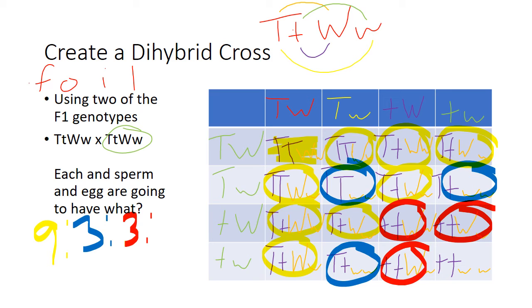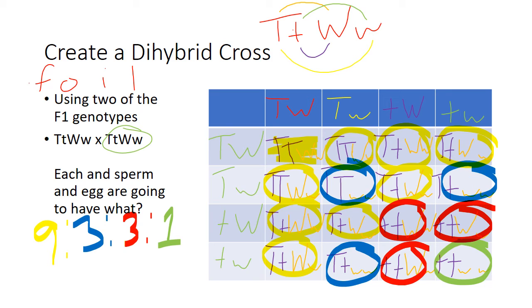And our last one, we're going to circle all the ones that are short and white. Oh, that one doesn't work out so well, that color. We have 1 that is short and white.